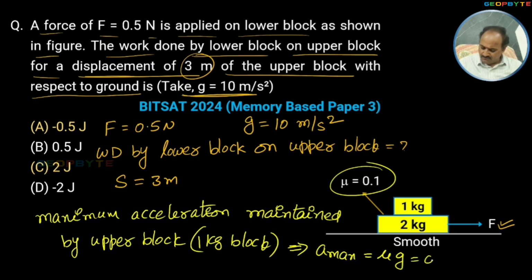Mu is given 0.1, g is 10, so it is equal to 1 meter per second square. That is the maximum acceleration maintained by the upper block.